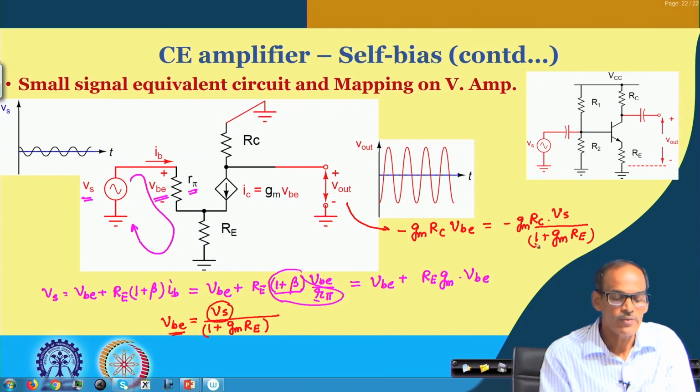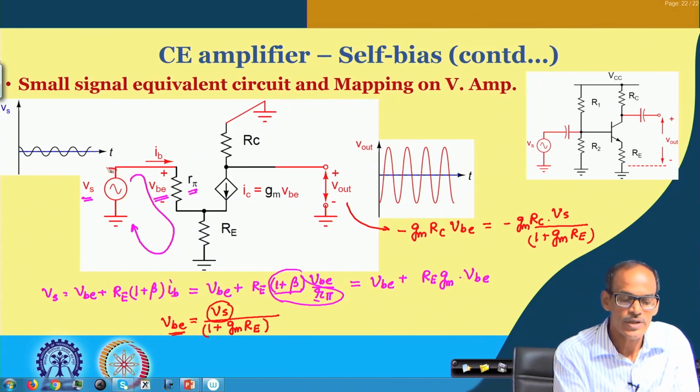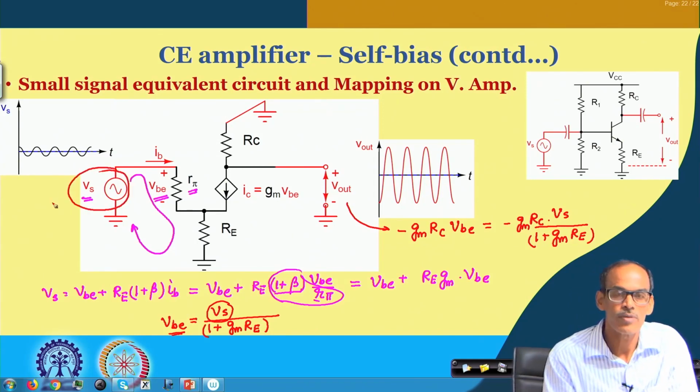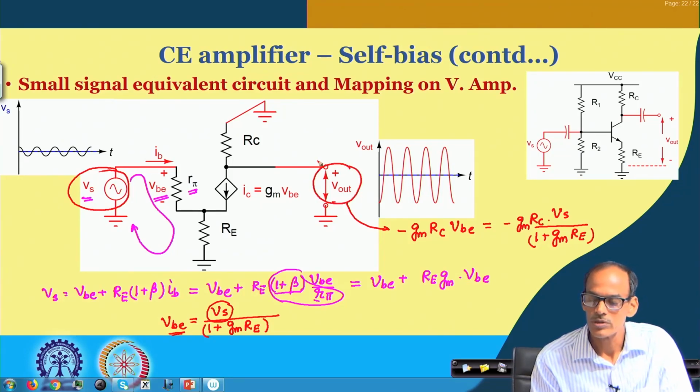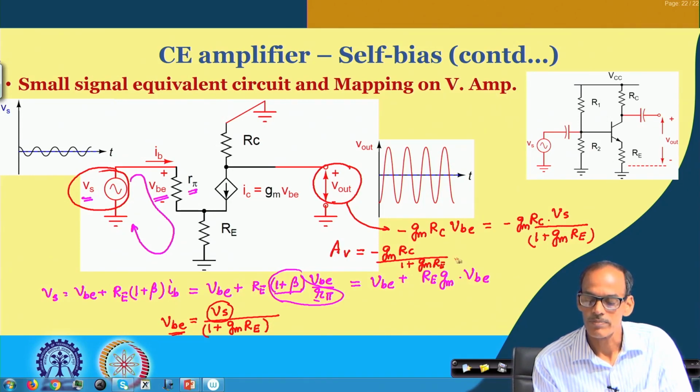So, as a result, if I say what is the gain of this circuit from the primary source to the primary output, we can say the voltage gain A_V equals minus g_m into R_C divided by (1 plus g_m into R_E).